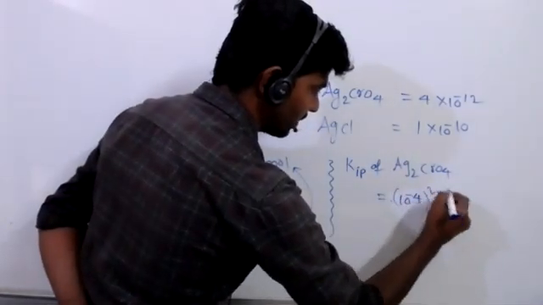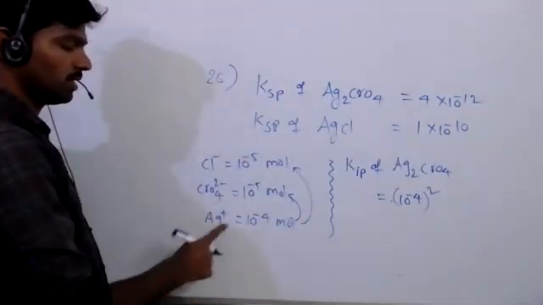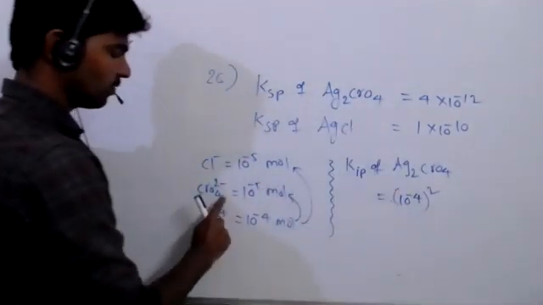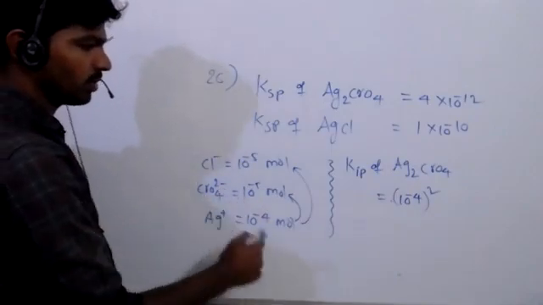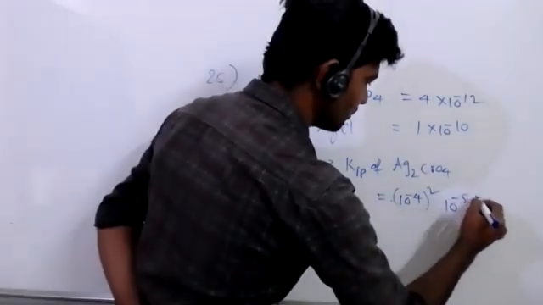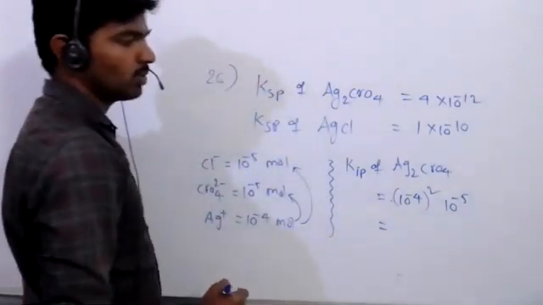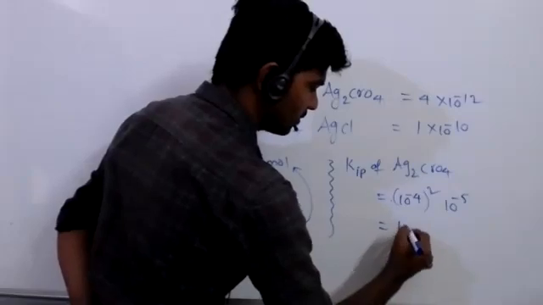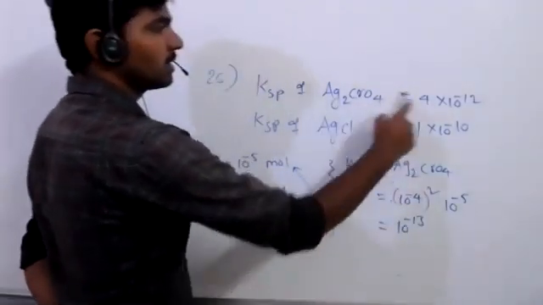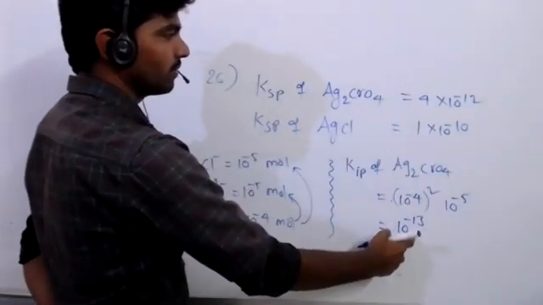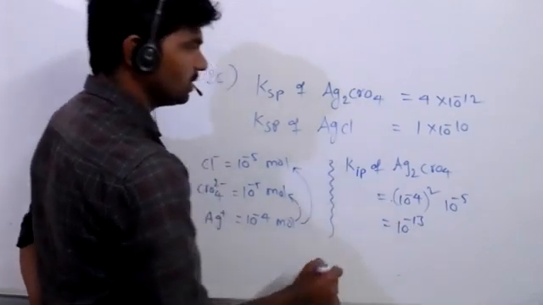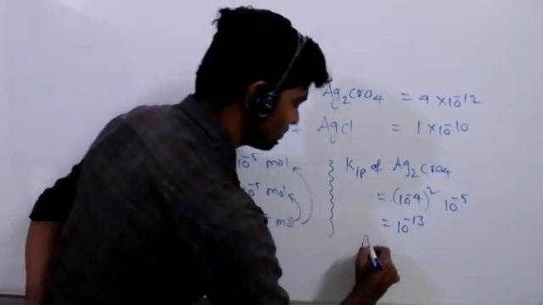We need to take the square because there are 2 silver ions, each carrying plus 1 charge, and chromate, CrO4 2 minus, is 10 power minus 5. So 10 power minus 8 into 10 power minus 5 is 10 power minus 13. Compare with the solubility product: this is a smaller value. The ionic product is smaller, so Ag2CrO4 is not precipitated.